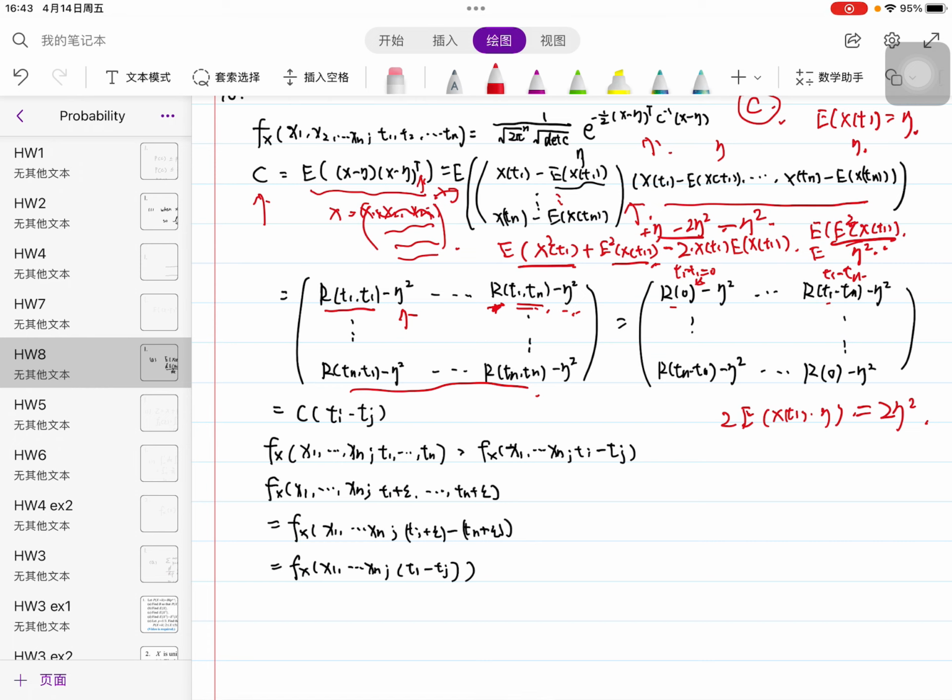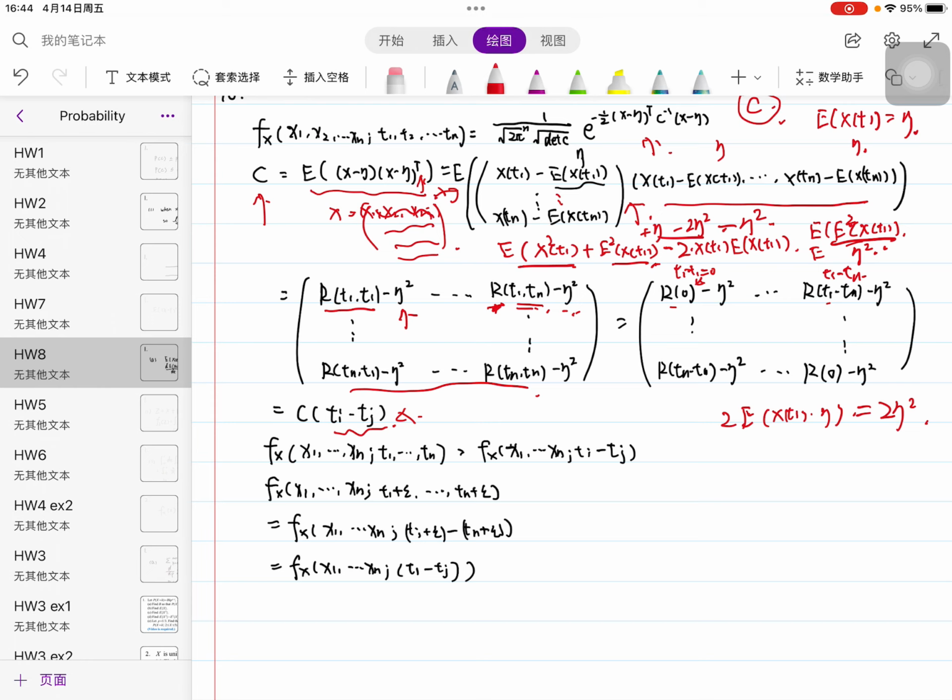So then to sum up, we could simply write this auto covariance as all those terms, that is ti minus tj, right?